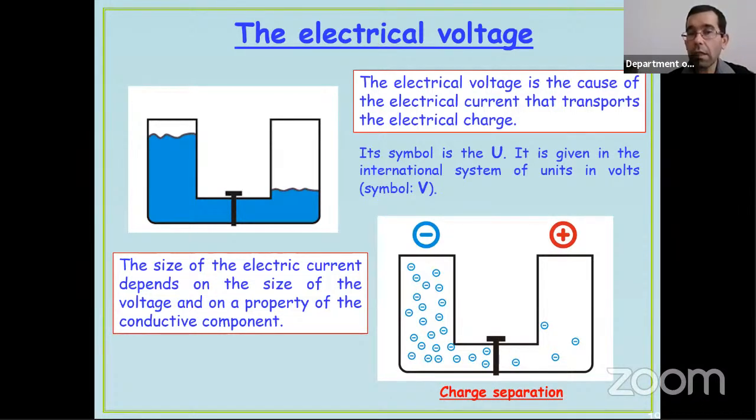Similarly, as we need a pressure difference in order to have a flow of fluids, here we also need some difference that represents a driving force for the flow of charges. And this driving force is the voltage. The voltage is denoted by U in Europe, and the unit of voltage is the volt, whose symbol is V.